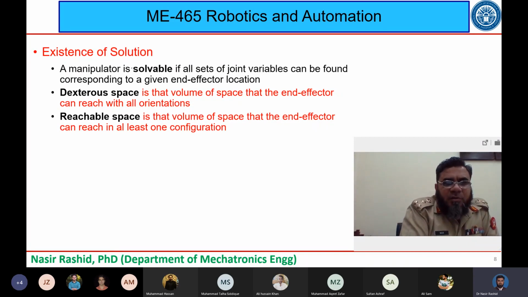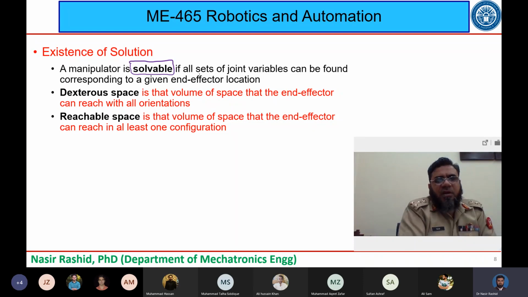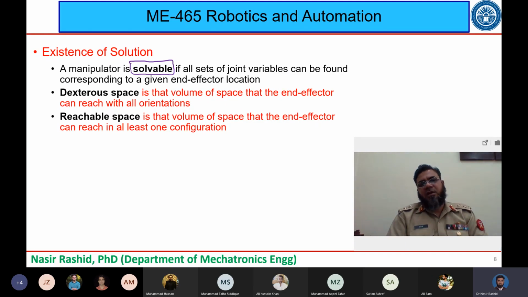A manipulator is solvable if all sets of joint variables can be found corresponding to a given end effector location. ये हमने बात अभी पिछली स्लाइड पे की कि वी नीड टू फाइंड आउट द जॉइंट वेरिएबल्स, और जितने नंबर ऑफ जॉइंट वेरिएबल्स हमने फाइंड करने हैं उतनी नंबर ऑफ इक्वेशंस हमारे पास हैं, तो हम कहते हैं कि दिस इज अ सॉल्वेबल प्रॉब्लम. सो यही बात यहाँ पे लिखी है.